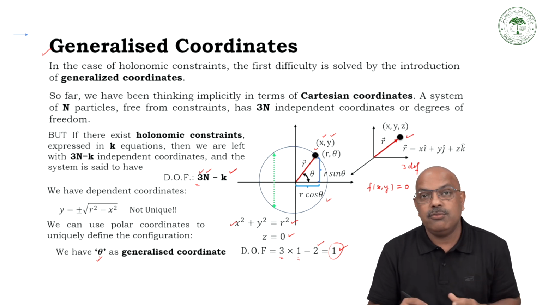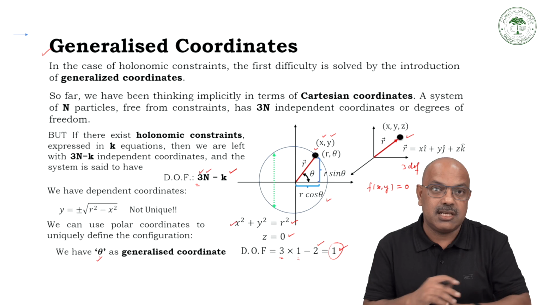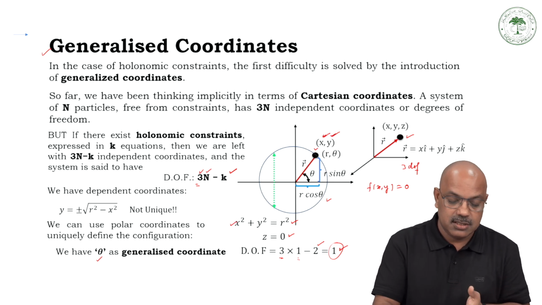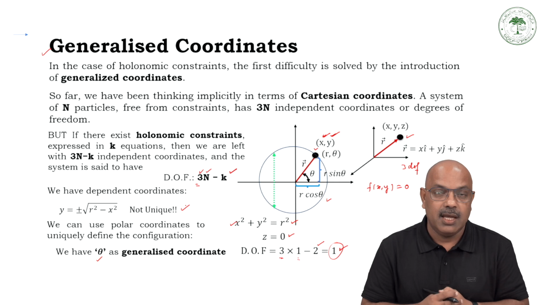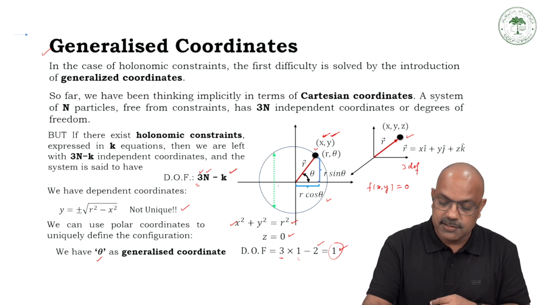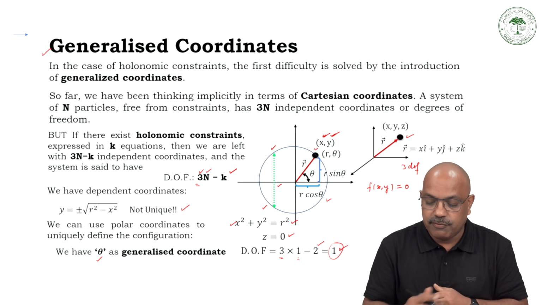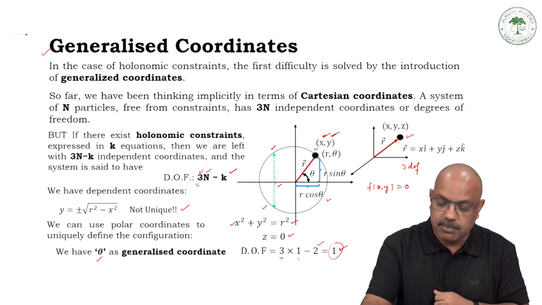But if you try to specify the system in terms of x and y, this is not unique, because for every x value you are going to get a plus y and a minus y. This is not a unique configuration of the system. For this x value, the particle could be here or here.